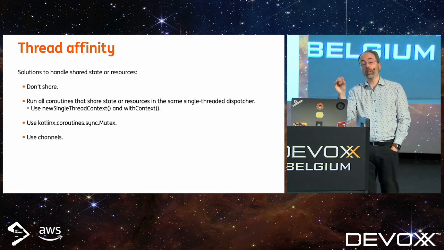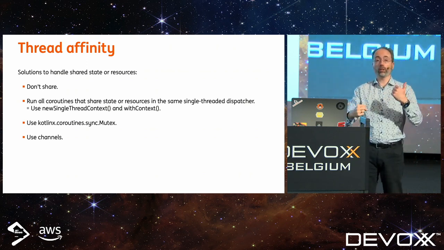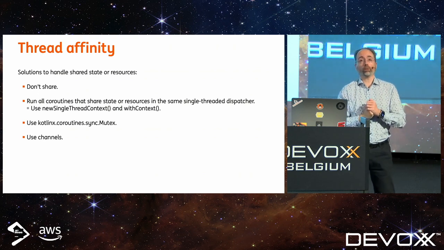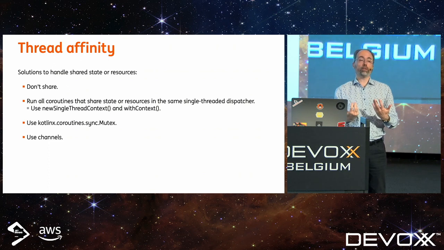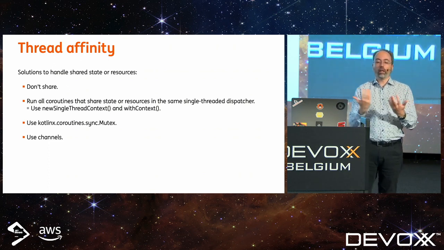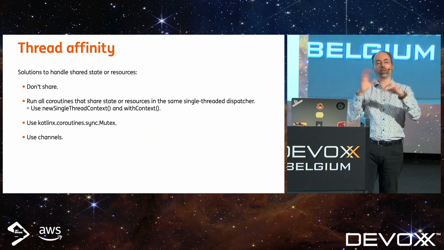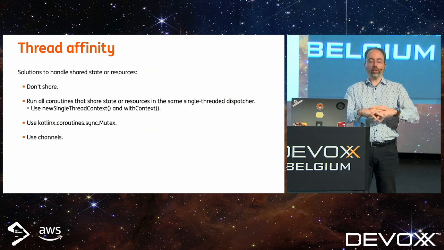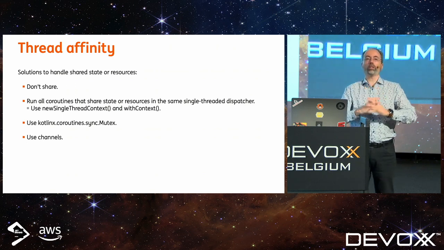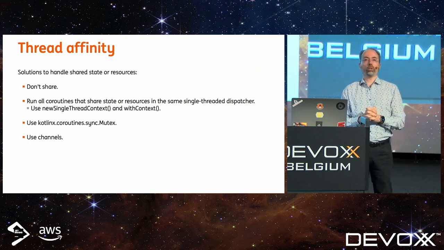In that case, we can use the same trick that we did before with the Leibniz calculation, and use the withContext method to simplify a single thread context. Under the hood, it's going to create one thread just to run that scope, and then we guarantee everything is running on the same thread, no synchronization problem there.